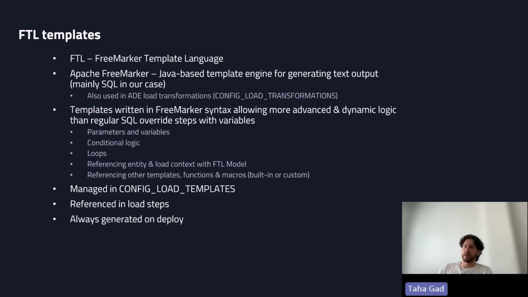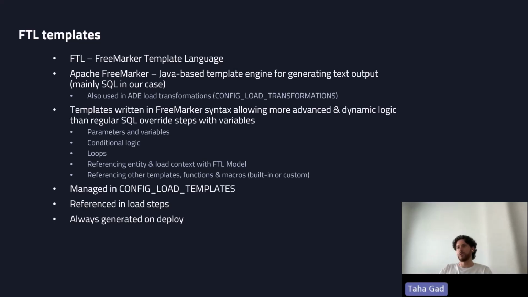And like I said, everything is managed in config load templates. When you have an FTL template, you reference it in a load step, and then that load will use the template. FTL templates are always generated on deploy. I mentioned this generated on deploy option for the load templates. It just means that the template is centrally managed within the config package.